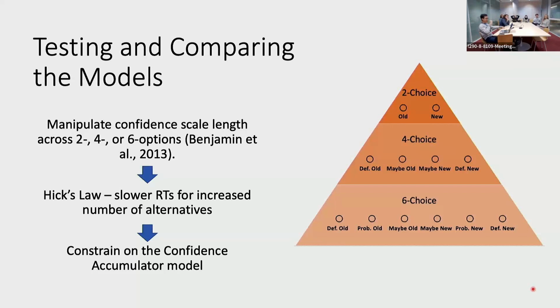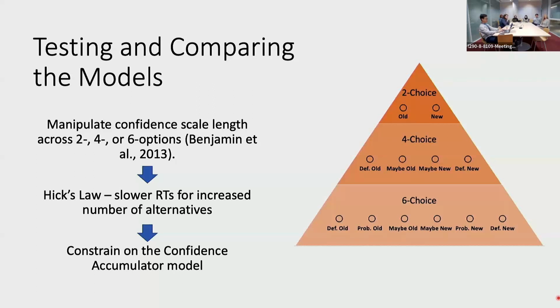So we thought this could put some constraint on the confidence accumulator model, because as Hick's law suggests, RT will get slower as the number of alternatives is increased. But in the confidence accumulator model, increasing the number of confidence options basically increases the number of accumulators. By virtue of having multiple accumulators, we can force faster decisions because you have a greater chance to sample a higher drift rate, which goes against Hick's law.